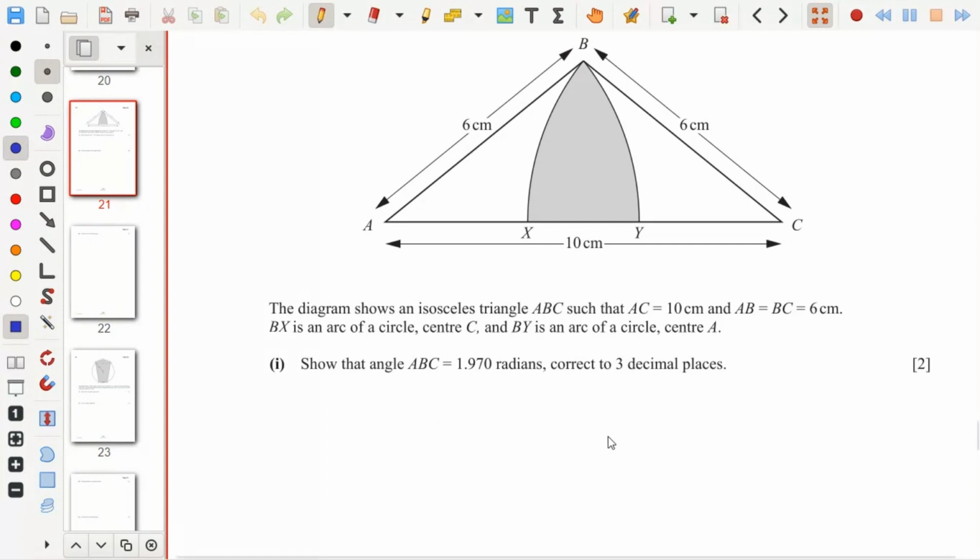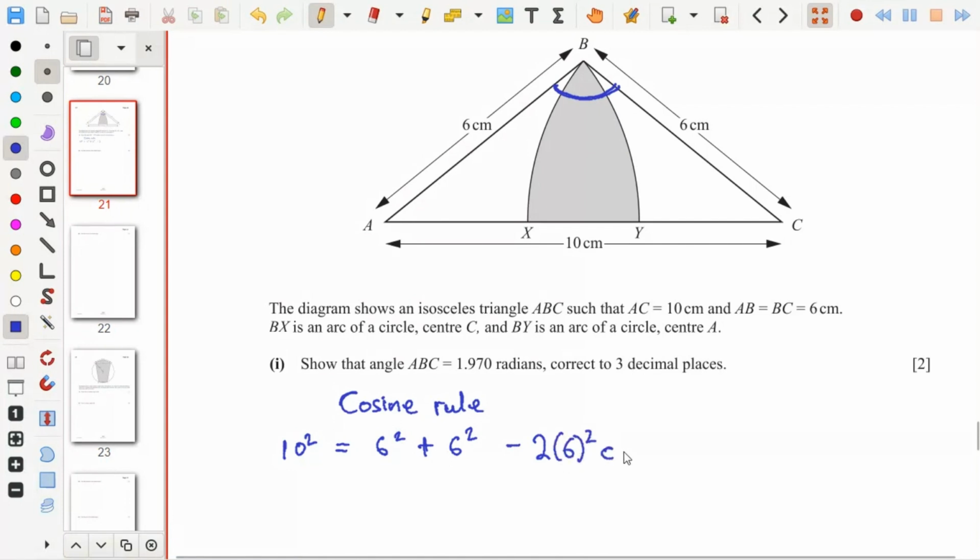Now here, if I want to find ABC, that's the angle at the top here, I can use the cosine rule. I can apply the cosine rule. As you can see, it's 2 marks. You're not going to do much. So 10 squared is equal to 6 squared plus 6 squared minus 2 times 6 squared cos of the angle.